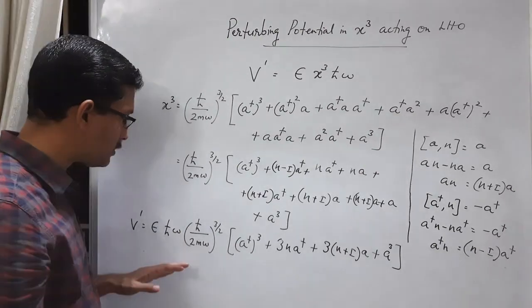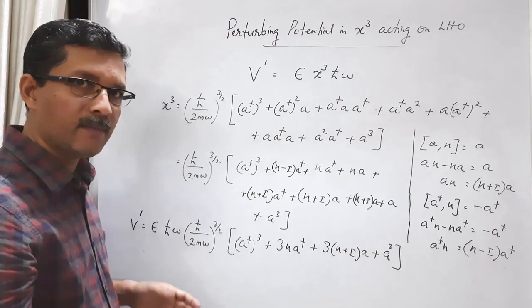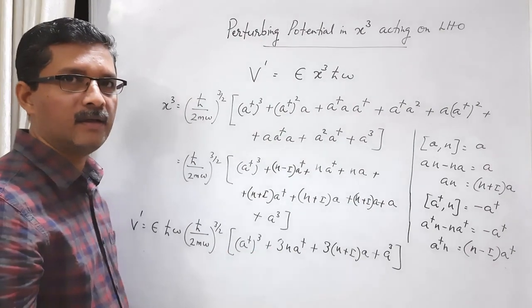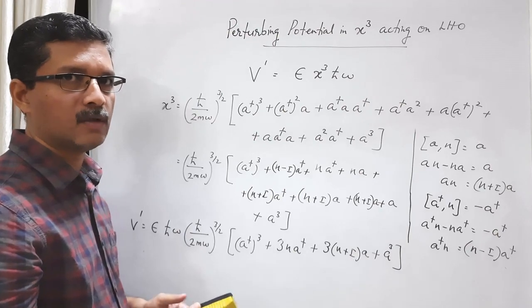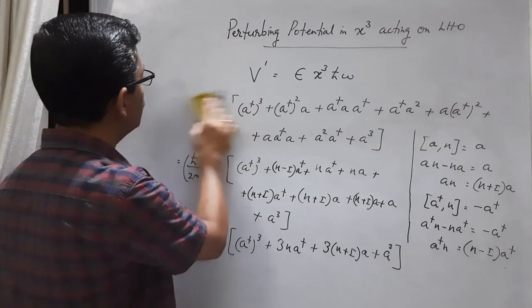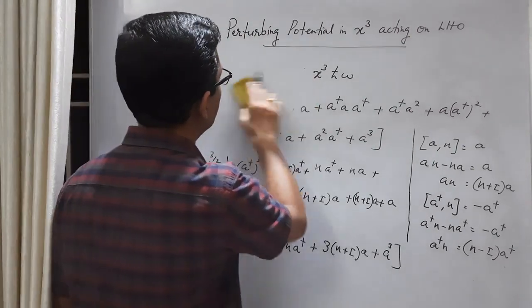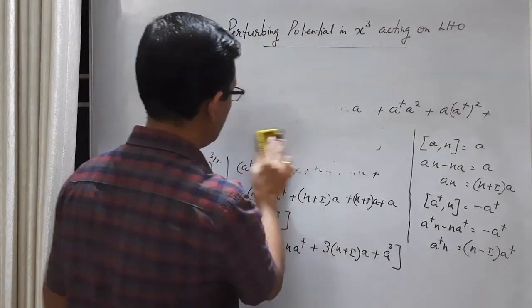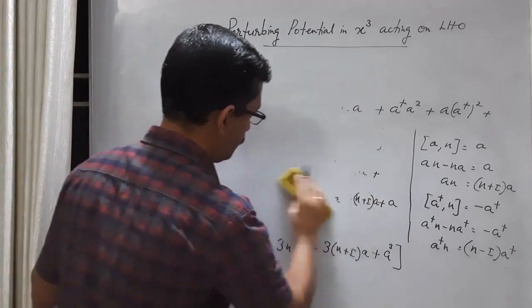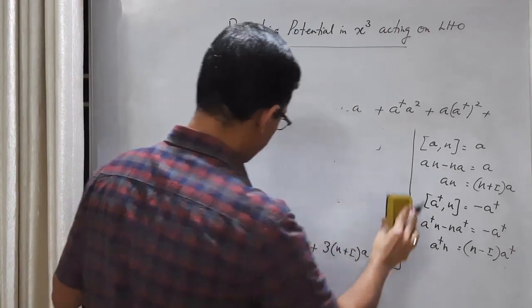Okay, so we have expressed the perturbing Hamiltonian, perturbing potential in terms of a and a dagger. Let us now calculate the second order correction in energy. We will take this term here.